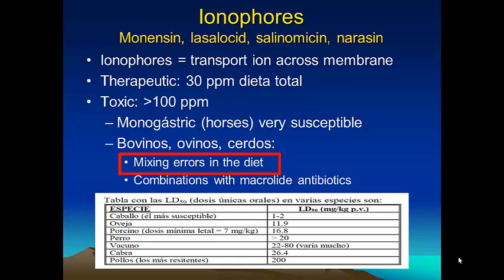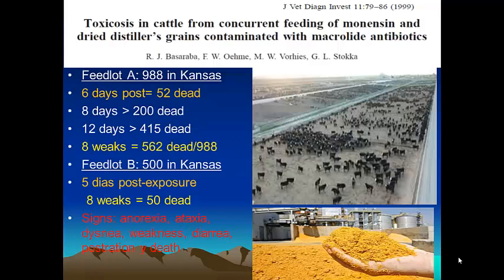Now, the case that we're going to see is not because of mixing errors, but because of drug interaction. Monensin was being fed at the same time as an antibiotic macrolide, which interferes with its biotransformation in the liver. We're not going to repeat everything that we said in the previous video.